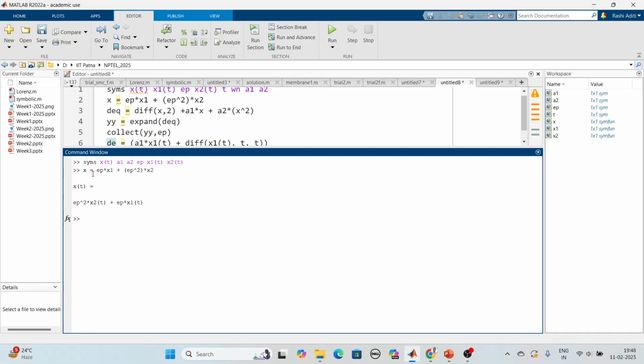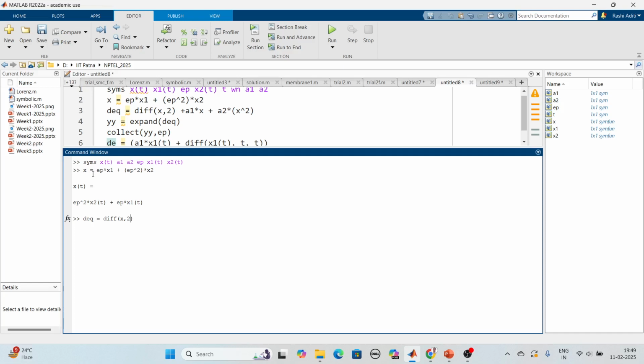Okay, done. Now what will we do? We will define our differential equation, right? We will write it as DEQ DIFF x comma 2. Now see, we have written x comma 2. We could have written x comma t or something like that. But why we have not written that?